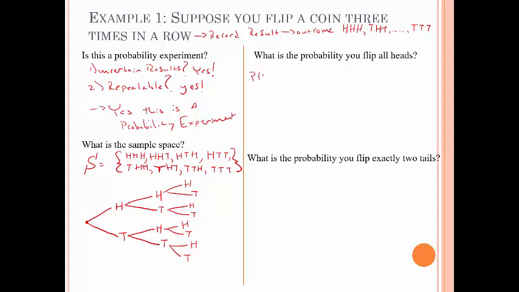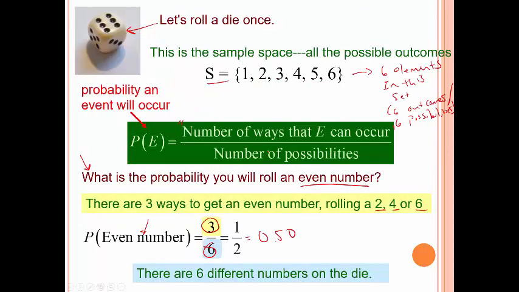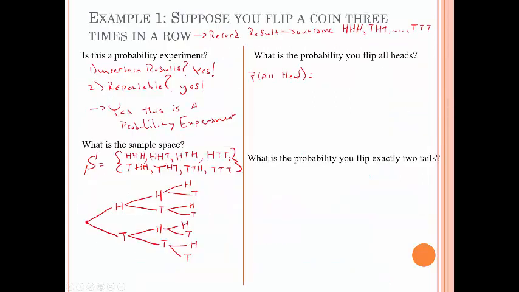So what's the probability you flip all heads? Using the classical definition, it's the number of ways to flip all heads divided by the total number of outcomes.